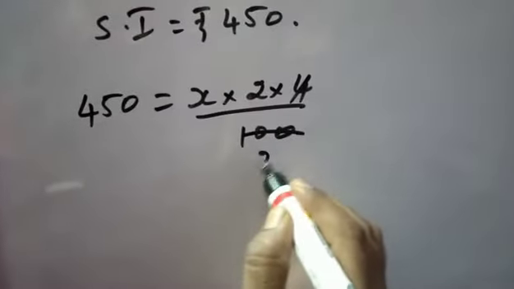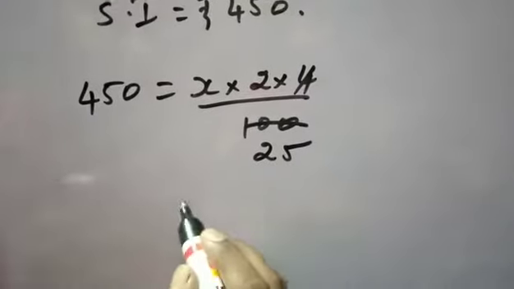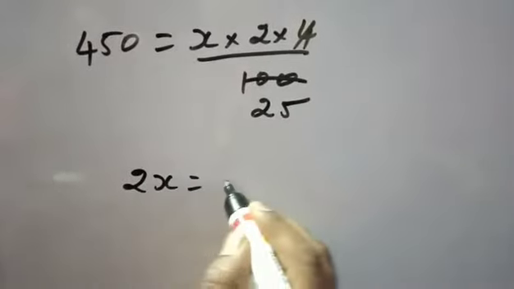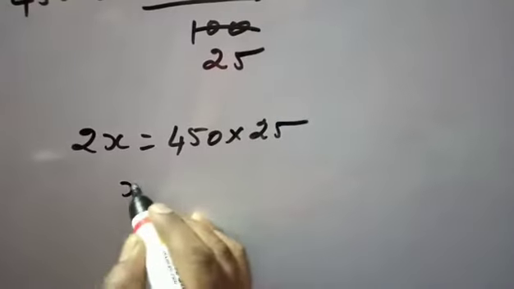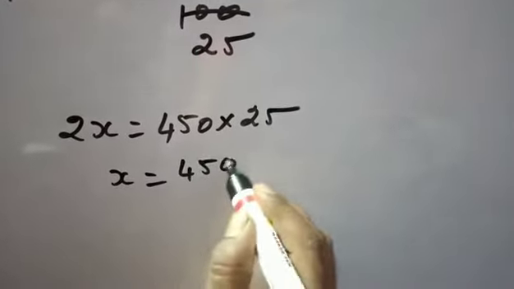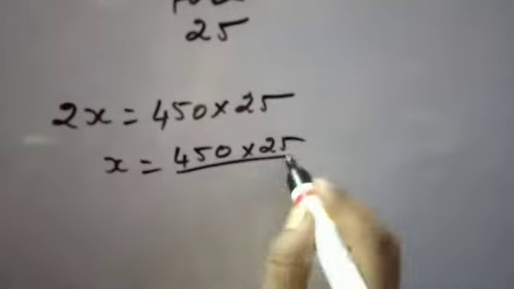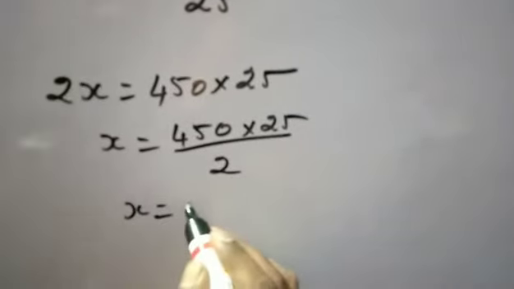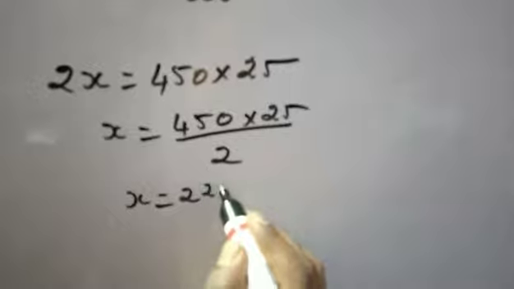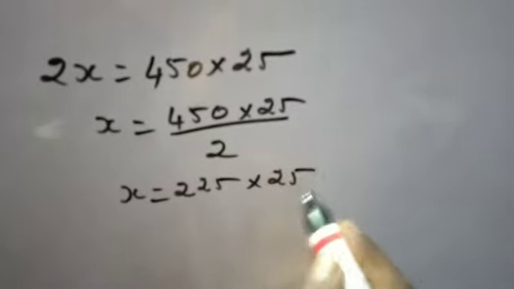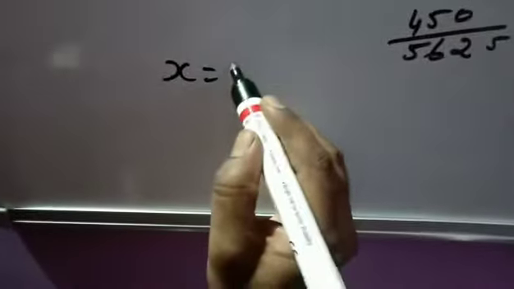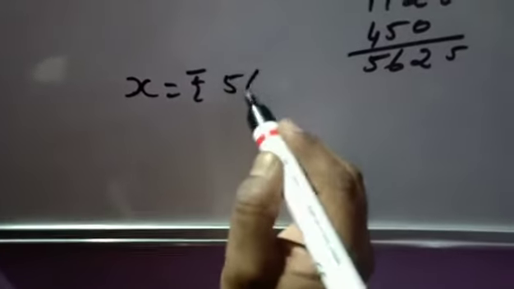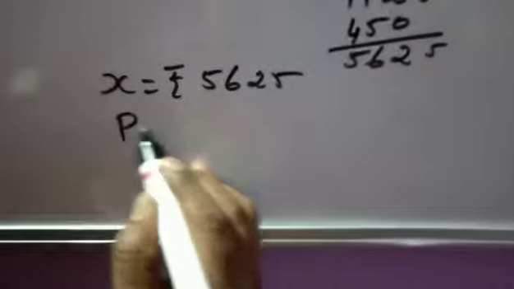We can take this: so now 2x equals 450 into 25. x equals 450 into 25 by 2. x equals 225 into 25, and 225 into 25 equals 5625. So principal x equals rupees 5625. So this is the principal.